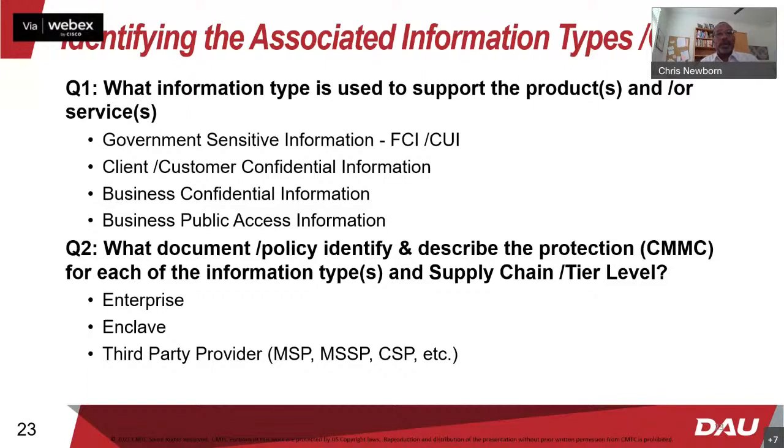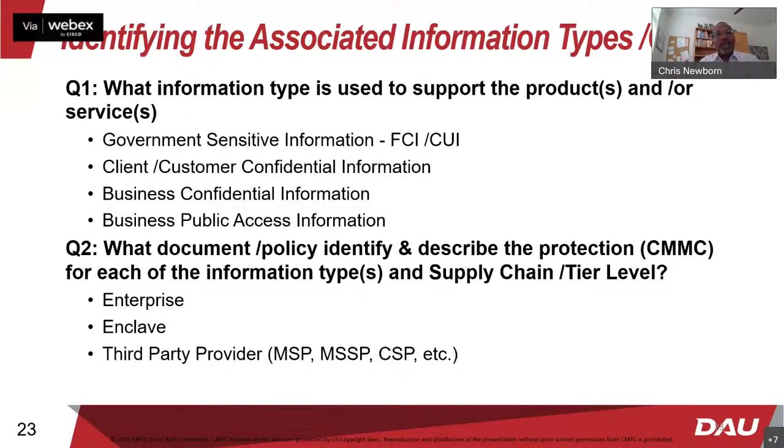And then the second part is when you take a look at your network yourself, how are you going to protect that information? One of the things my colleague and I have realized is that probably 90 to 95% of vendors and manufacturers have what we call a flat network. What we mean by that is one network that has all the information contained on it.